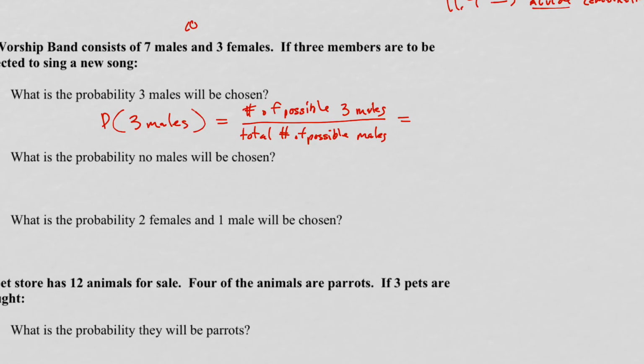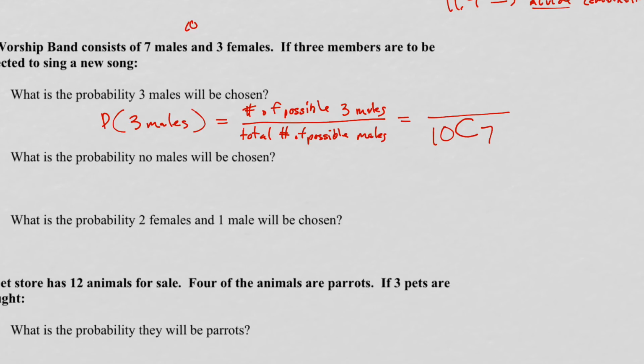So now, what's the combination for the total possible males? How many total are there? 7. Well, total in the worship band, 10. And we're going to grab from those 10 the total males, which is 7. So this is a combination of grabbing 7 from the 10.